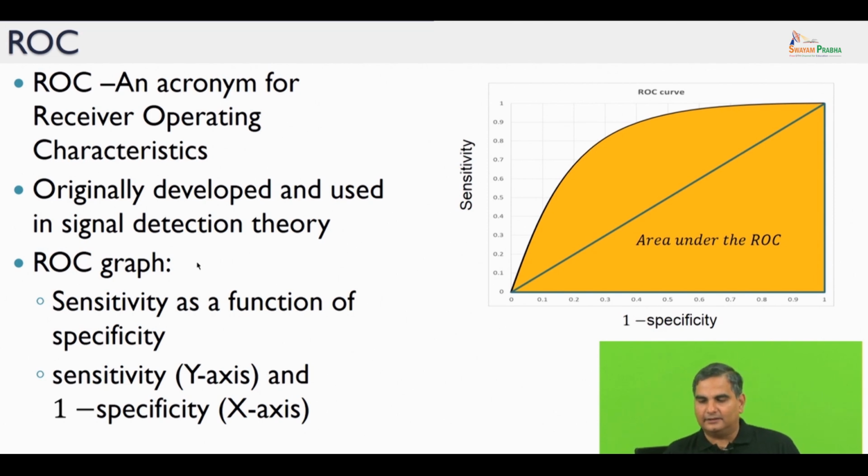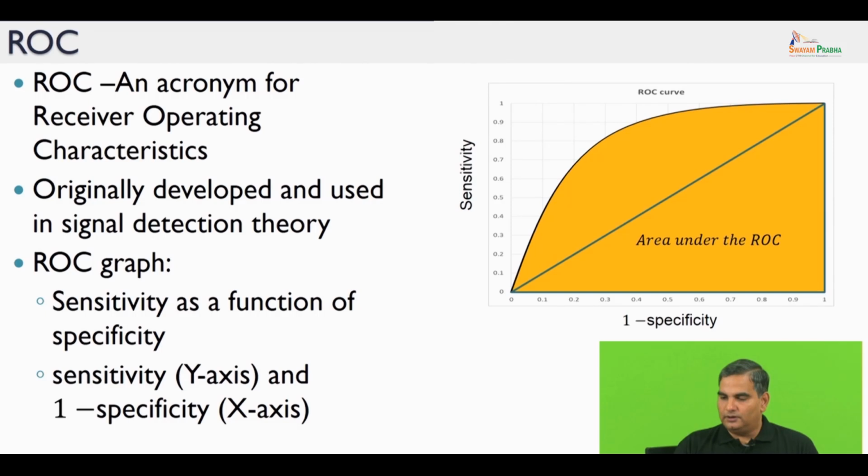One last curve which is seen in many papers and reported is the curve called ROC, which is an acronym for receiver operating characteristics. This was originally developed and used in signal detection theory.